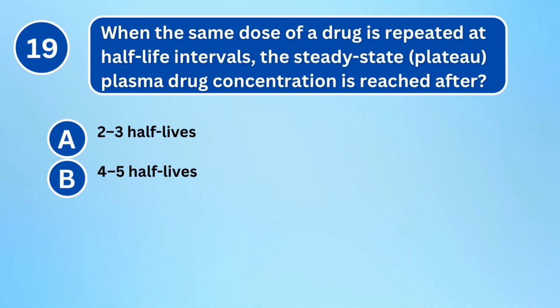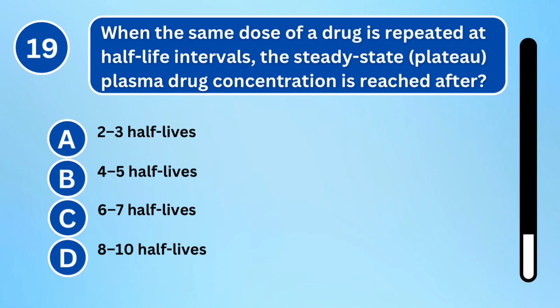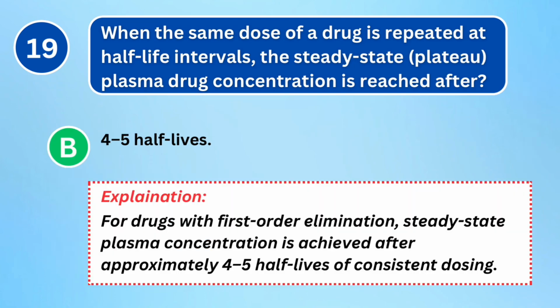When the same dose of a drug is repeated at half-life intervals, the steady-state, plateau, plasma drug concentration is reached after A. 2 to 3 half-lives, B. 4 to 5 half-lives, C. 6 to 7 half-lives, D. 8 to 10 half-lives. Correct answer, B. 4 to 5 half-lives.